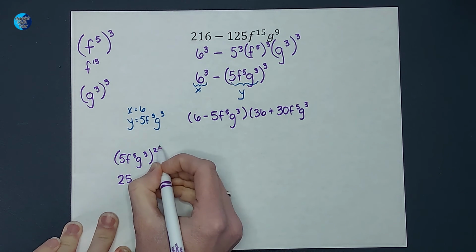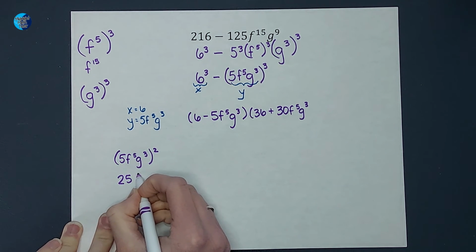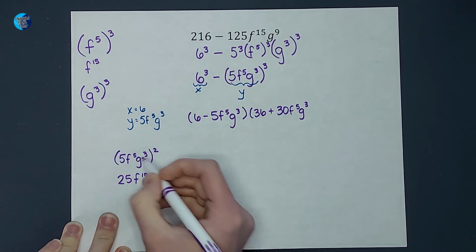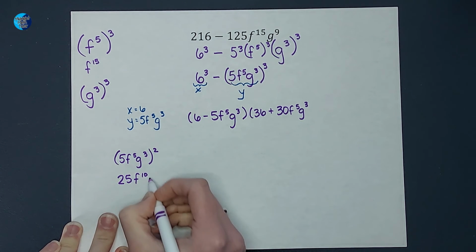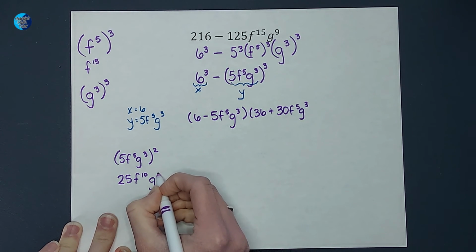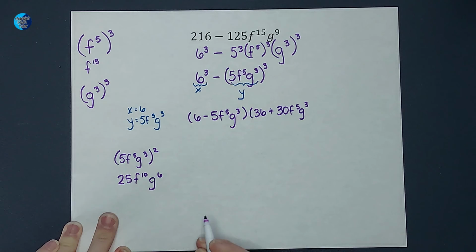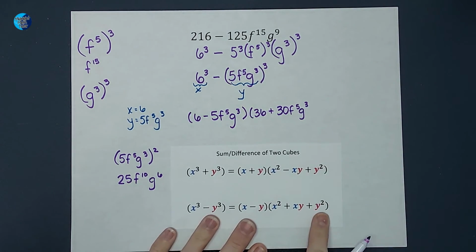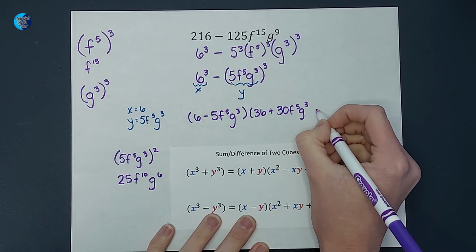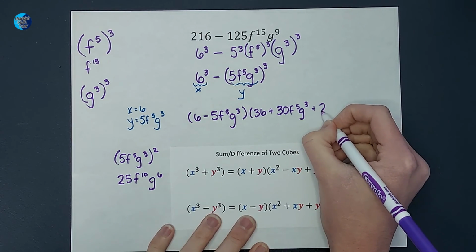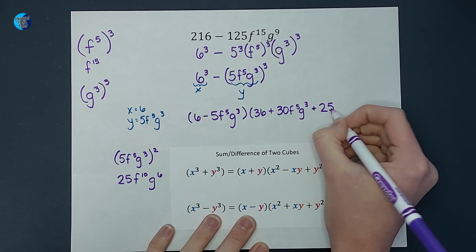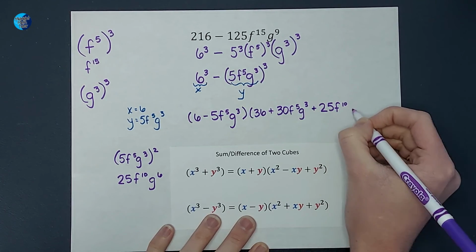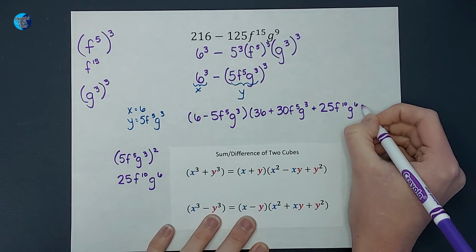F to the 5th squared, remember I multiply those, so I would get f to the 10th. G to the 3rd squared, I multiply, so I would get g to the 6th. So that is the term I am plugging in right there. That is y squared. So plus 25 f to the 10th, g to the 6th.